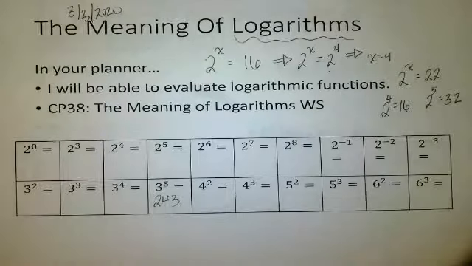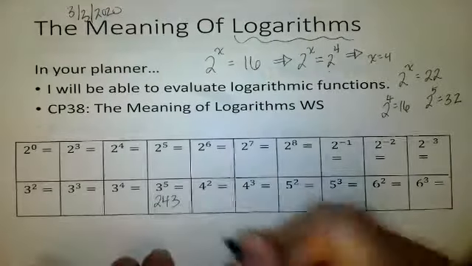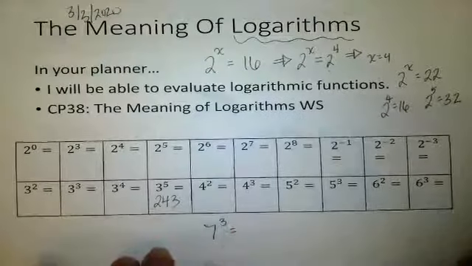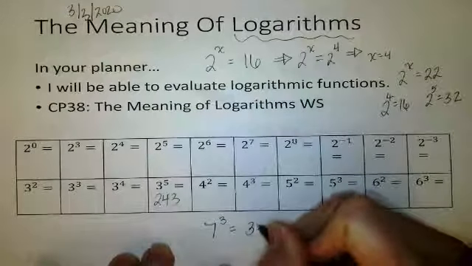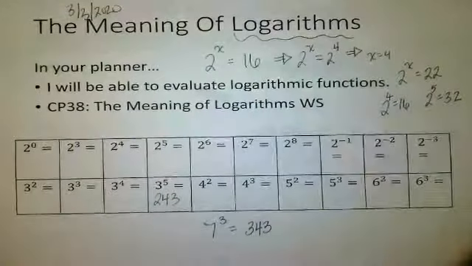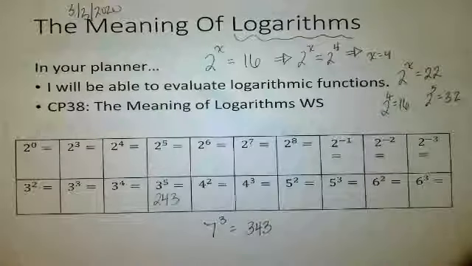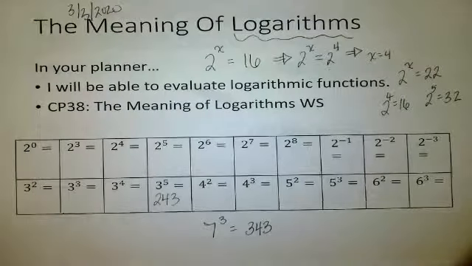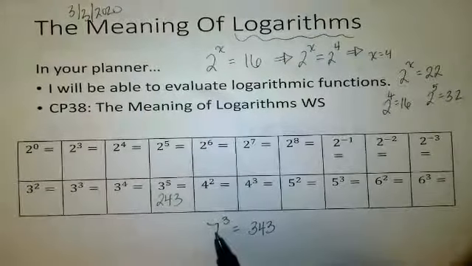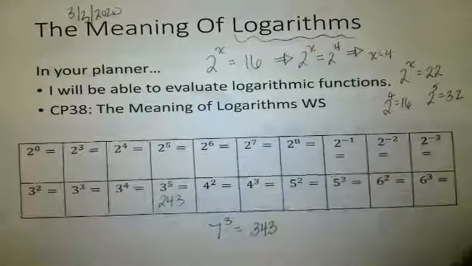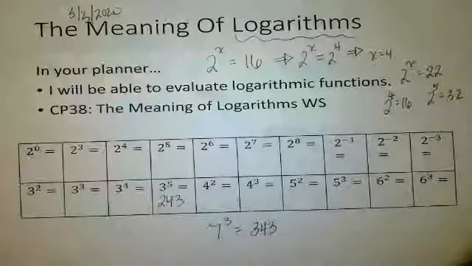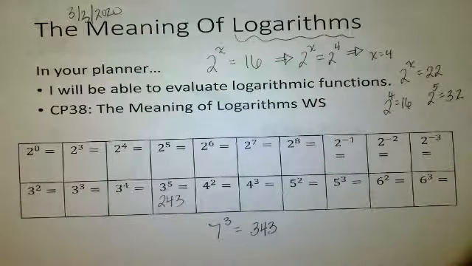Another one of my favorites is 7 cubed. What's 7 cubed? 343. Again, my brain is just weird. When I look at 7, I think, well, 7 is 3 plus 4 to the 3rd power. That's weird, but it makes sense in my brain. It doesn't make sense at all. It's just a stupid thing that I remember.